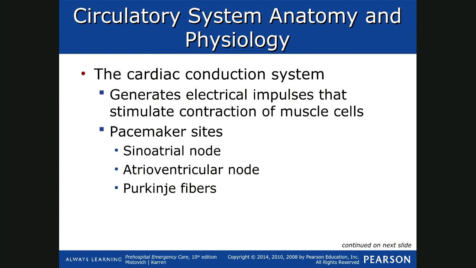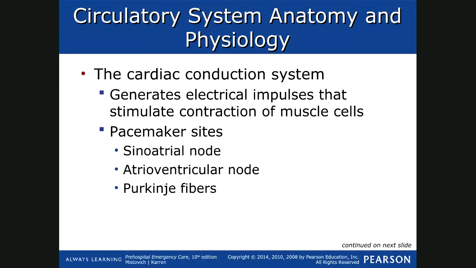There also is an electrical system within your heart muscle itself, and this is going to stimulate the cardiac cells to actually contract to produce a pulse. You have 3 different pacemaker sites in your heart. The one that should be dominant from the time you're born to the time you die would be your sinoatrial node.